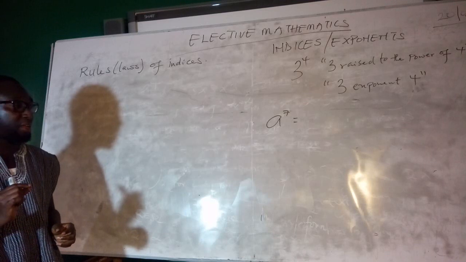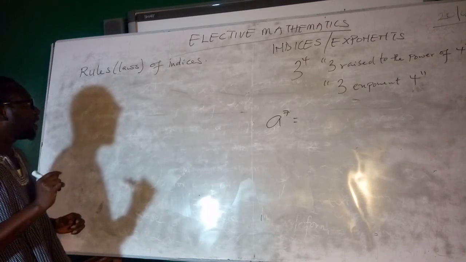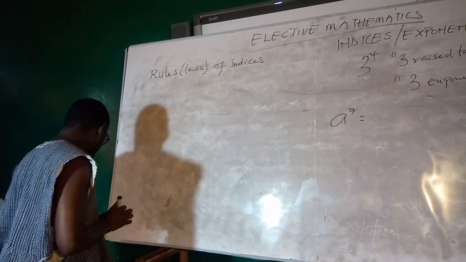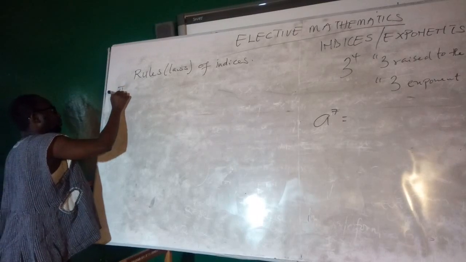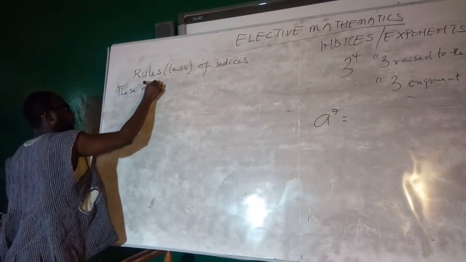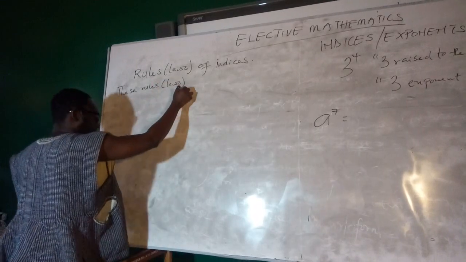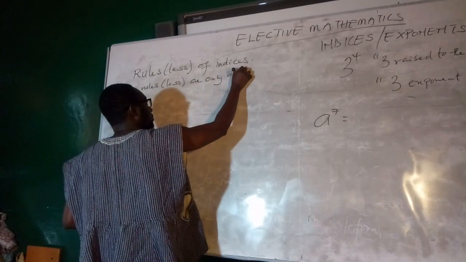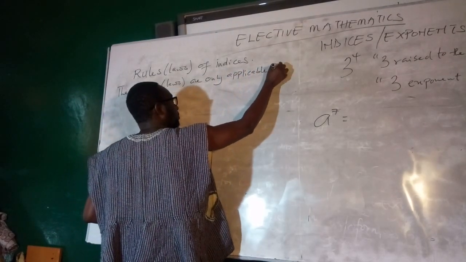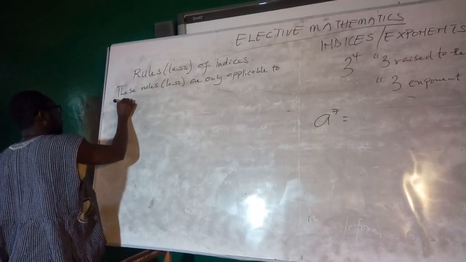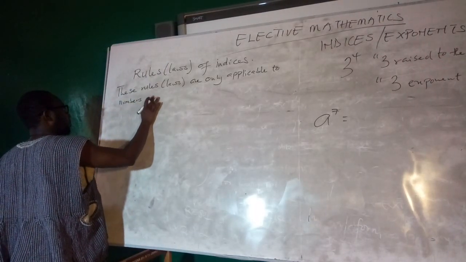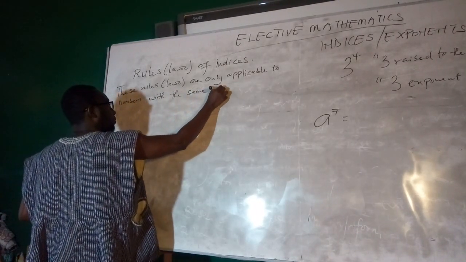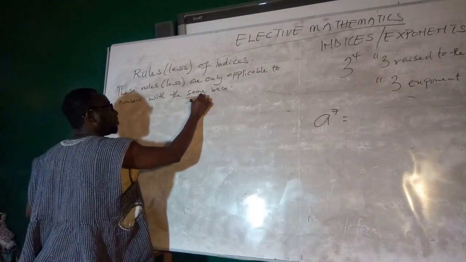Now let's take this note. These rules or laws are only applicable to numbers that have the same base. So let me write it over here. Now let me underline same base.